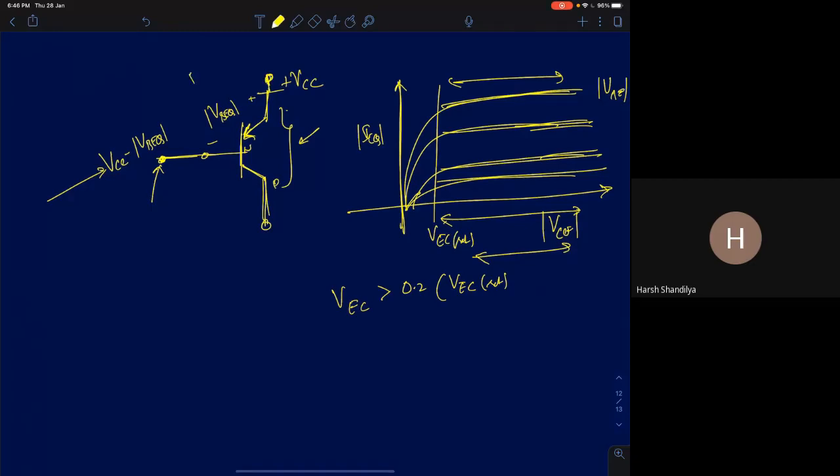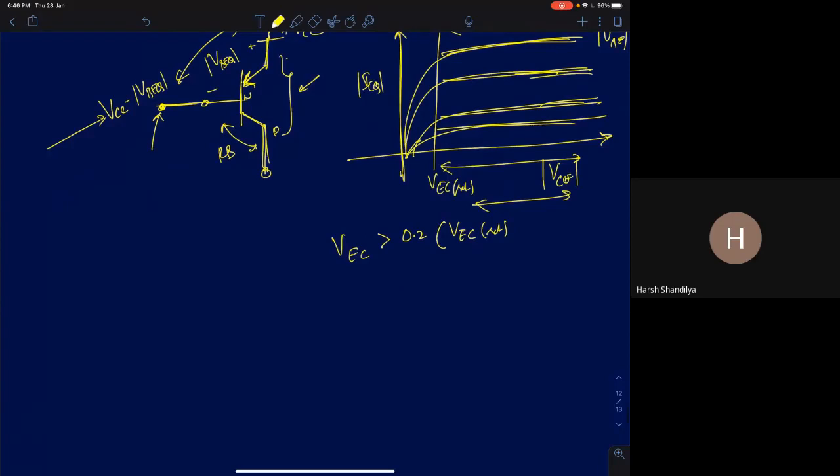The emitter base junction should be forward biased, and the collector base junction should be reverse biased. That's the active region condition. If you satisfy this condition, then you will be able to get a sourcing current. Sourcing is PNP, because usually sourcing you look at this way. You are providing this current into a circuit.